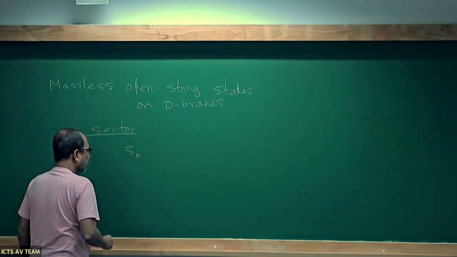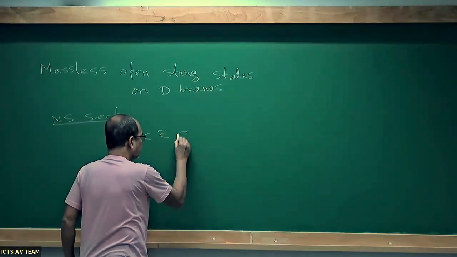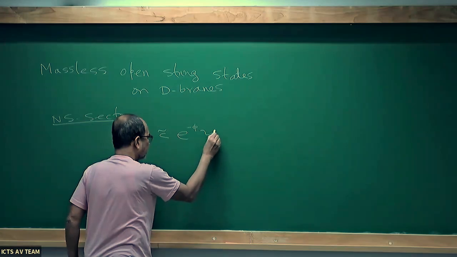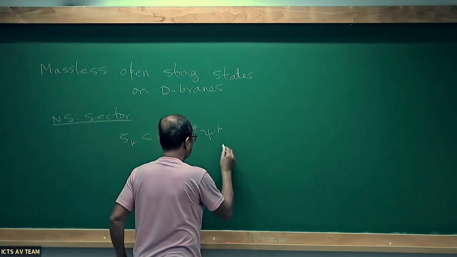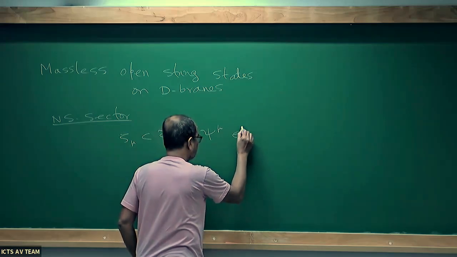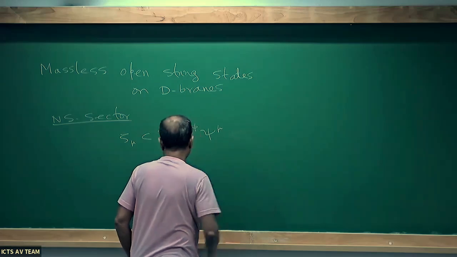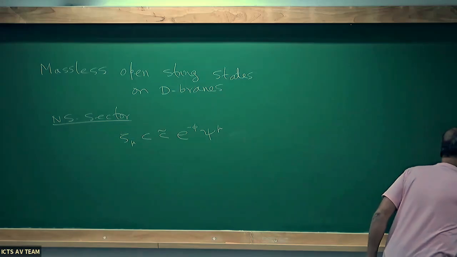You have psi mu, so the C tilde e to the minus phi psi mu e to the, yeah, that's it. Because there's no C tilde in fact, because C and C tilde are related, right?